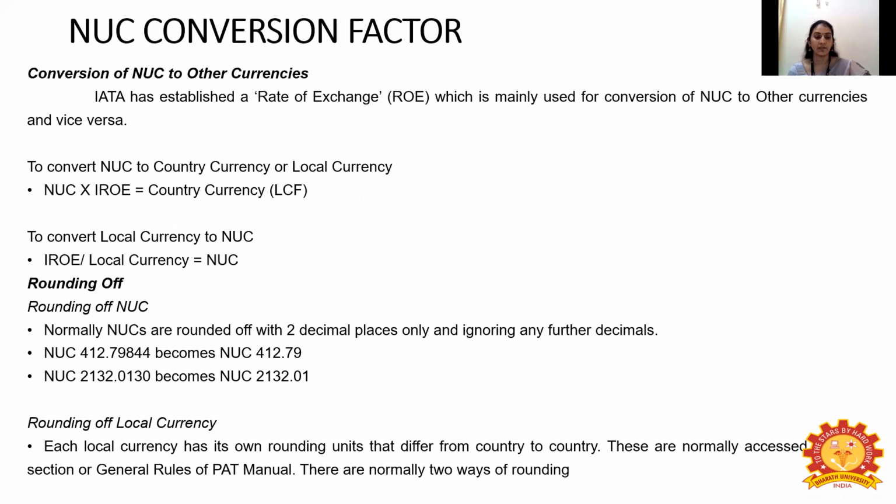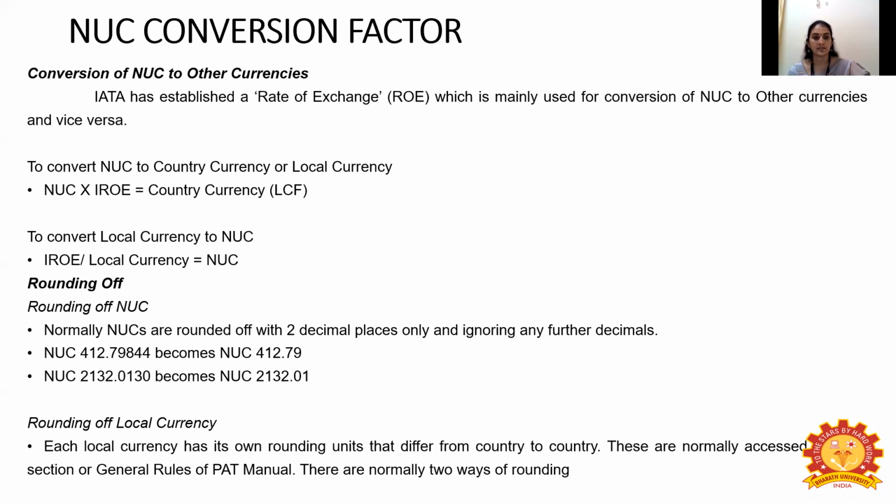Now, conversion. How do we convert this neutral unit to other countries' currencies? It is IATA. IATA is a governing body, a combination of all the member airlines, initiated mainly for safe, economic and properly organized air travel.